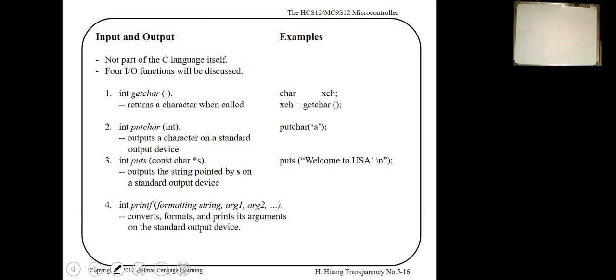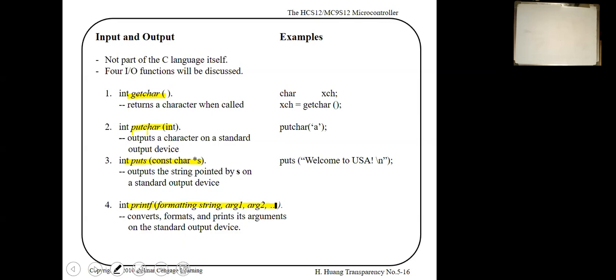I will not go through the input and output, because this is related to printing on the screen, reading values from the keyboard. If you need them during debugging your program, you can use them. But from the microcontroller perspective, these cannot be used because they cannot be translated into actual assembly instructions.